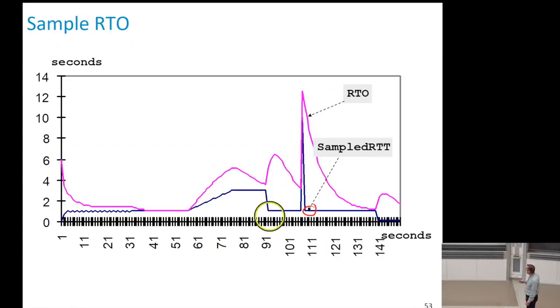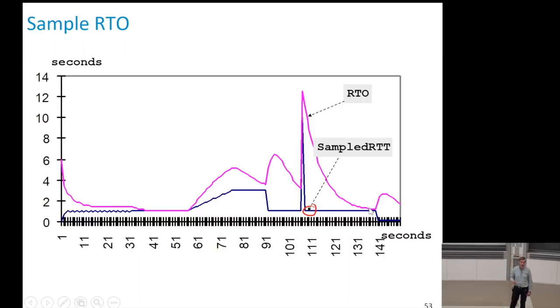I'm showing in black in this figure the value of the round-trip time, and in pink the value of the round-trip time estimate, which is called RTO in TCP. We see that if the round-trip time is strictly constant, the estimate will be this value. If there are small fluctuations, it will be larger. If there are sudden fluctuations in one way or the other, this is captured by the error bounds.